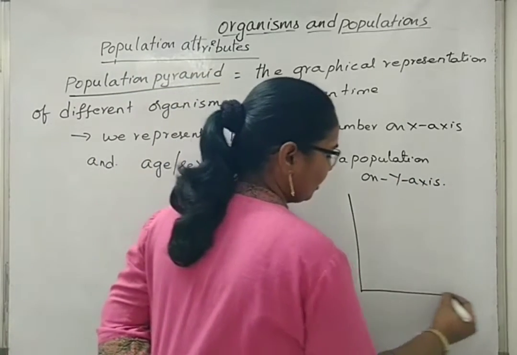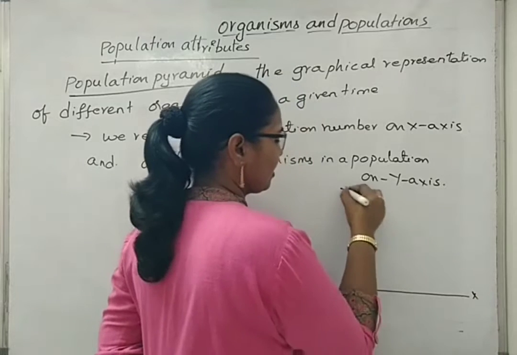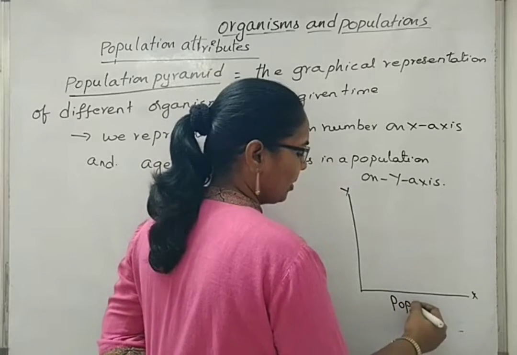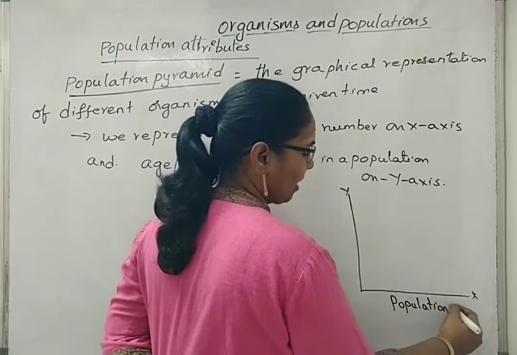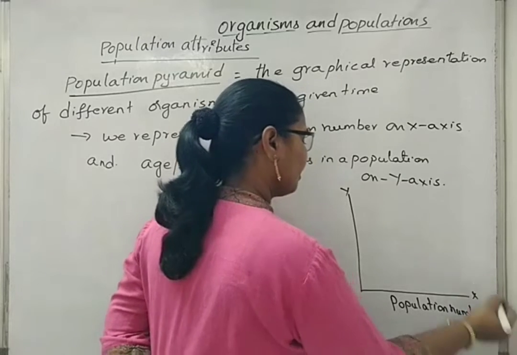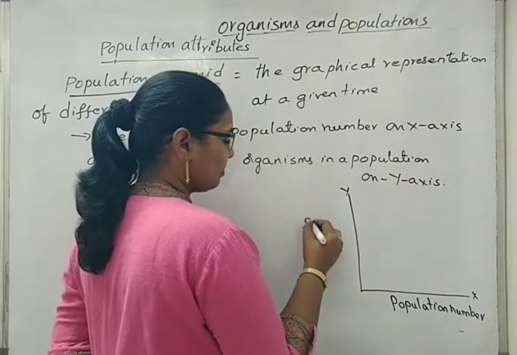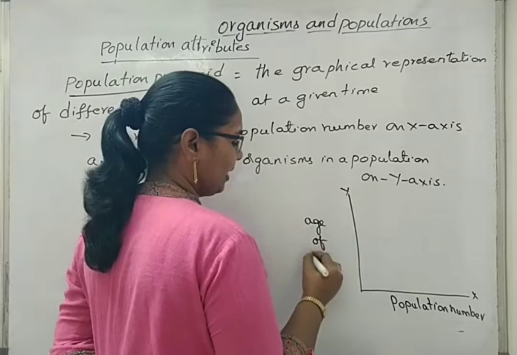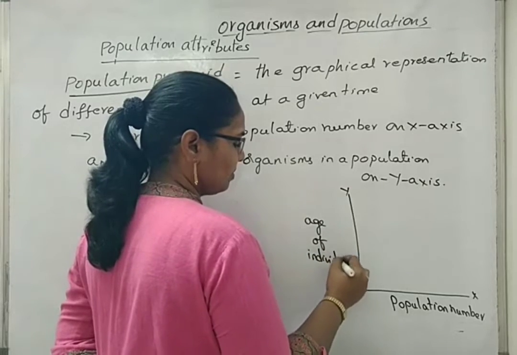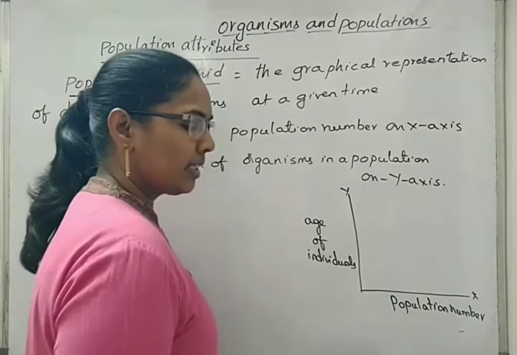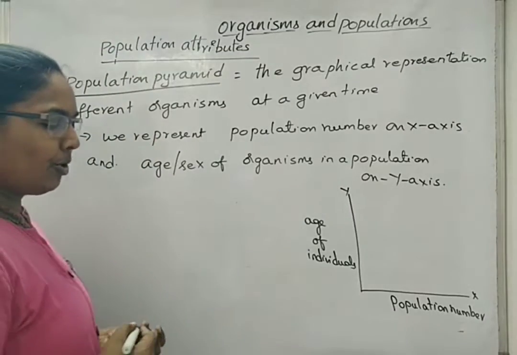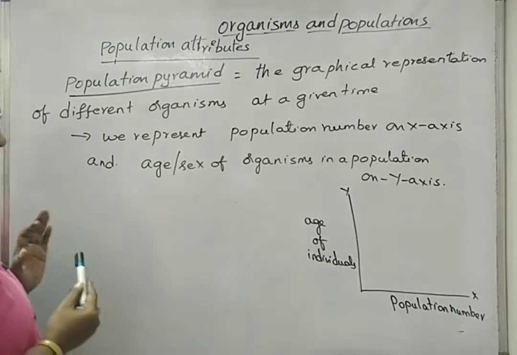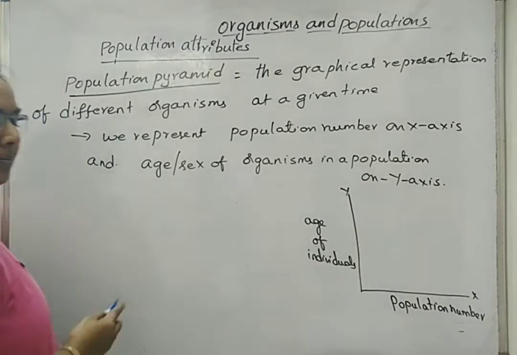If you draw the graph, this is the x-axis and y-axis. Here is the population number, and here will be the age of individuals or the sex of the individuals in a population.